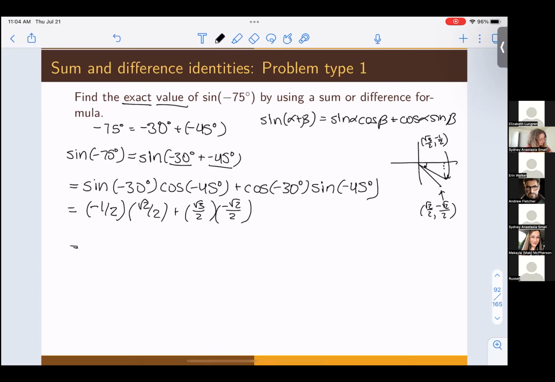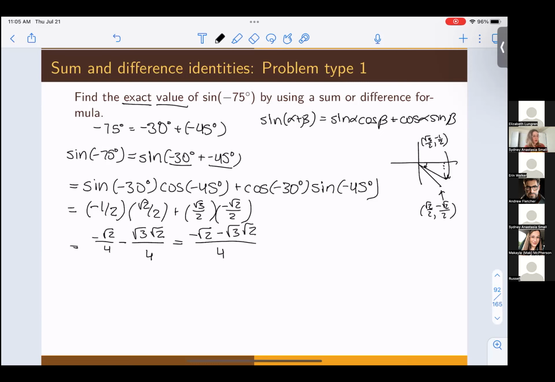Multiplying these all out, we get negative square root of 2 over 4 minus root 3 root 2 over 4, because positive root 3 times negative square root of 2 gives a negative. Combining the two fractions, we get negative square root of 2 minus root 3 root 2, over 4.